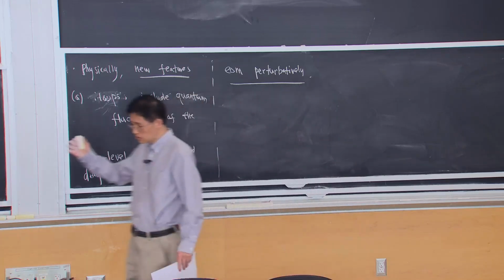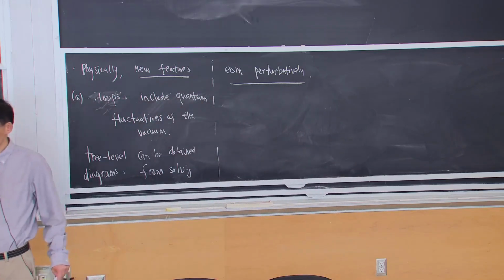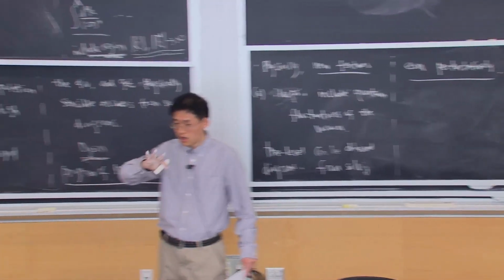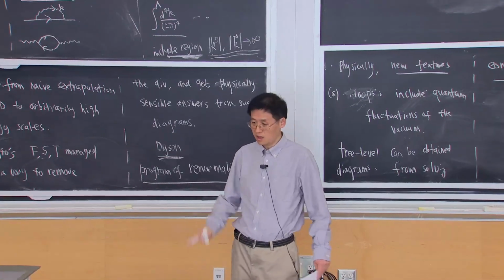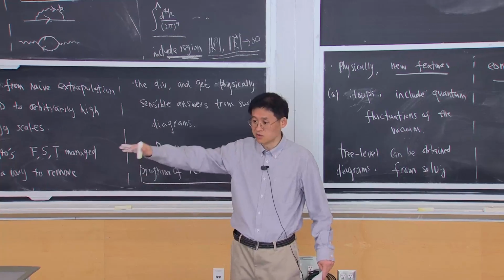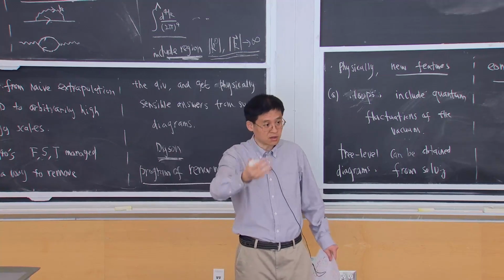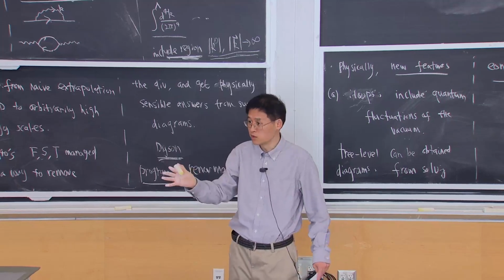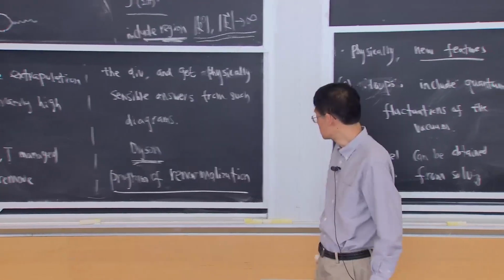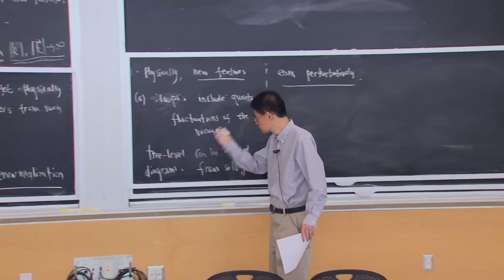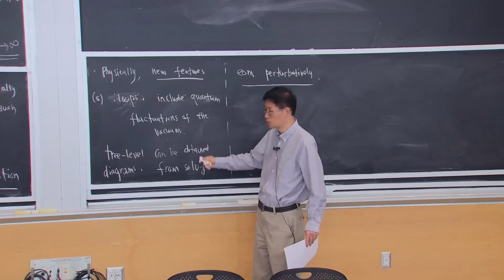But we know that the quantum nature comes from doing the path integral. The equation of motion captures classical physics, but the genuine quantum physics comes from the path integral, where you integrate over all possible configurations. That is not captured by the tree-level diagrams.